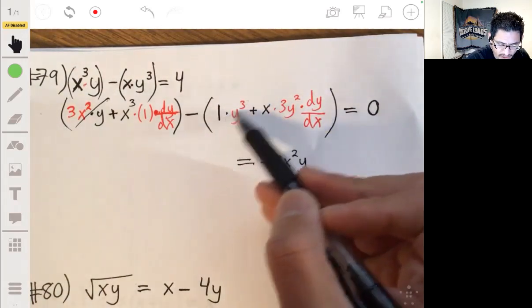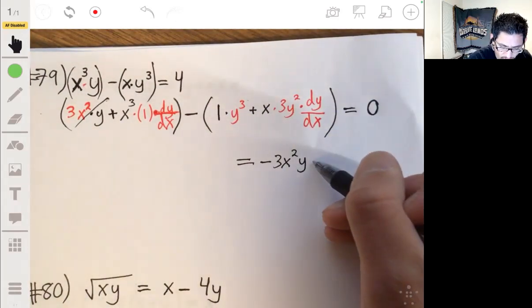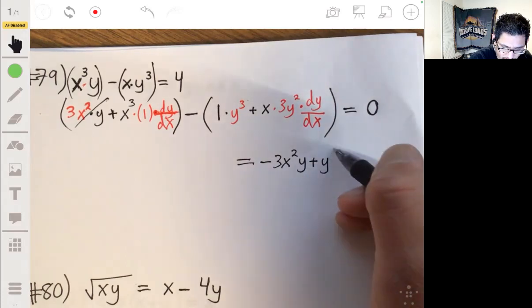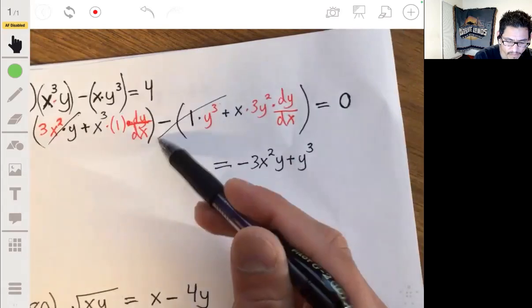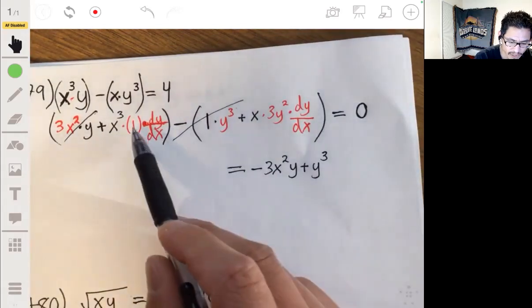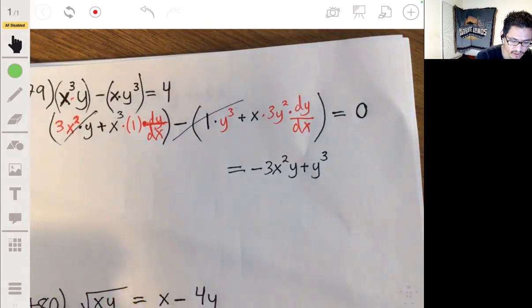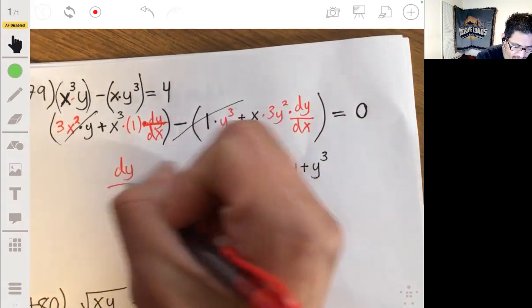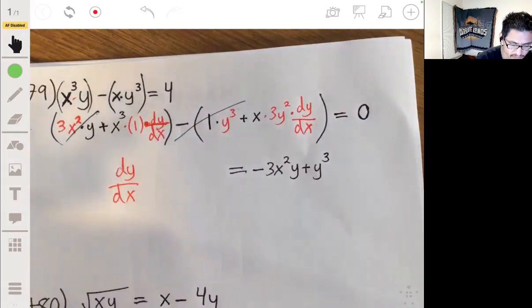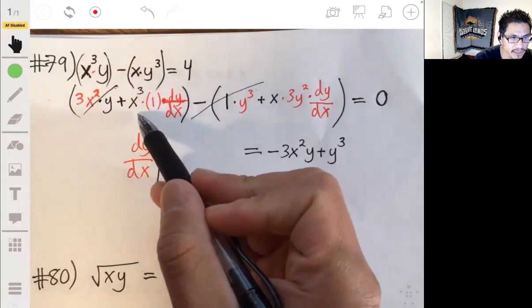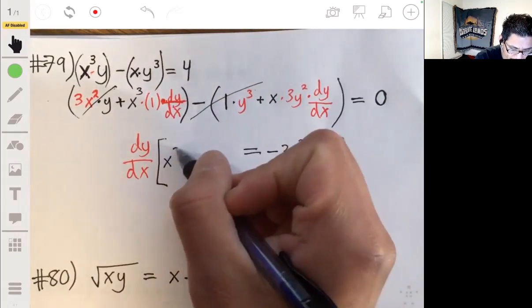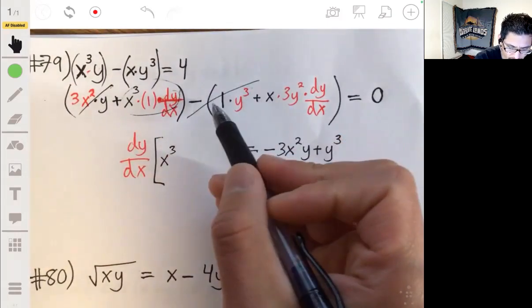And then adding this right here, plus a y cubed on the right. And then what we have on the left, let's factor out the dy/dx multiplied by the x cubed here. That's what we got there.